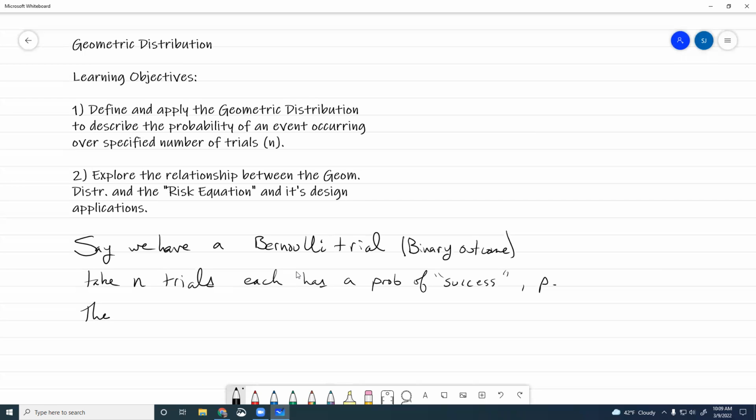So the number of trials, big N, which is going to be our random variable, until the first success, over N trials, which we define.